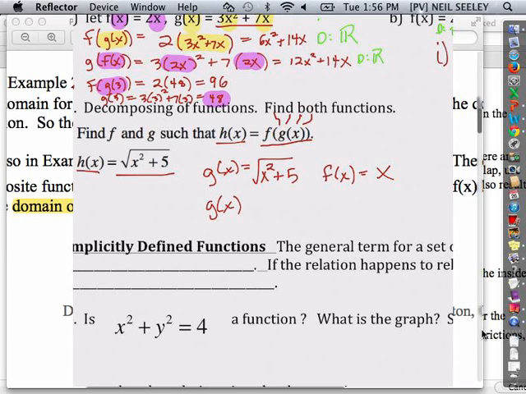We'll figure it out. G of x, give me another suggestion. What else you got? What would f of x have to be in this case?